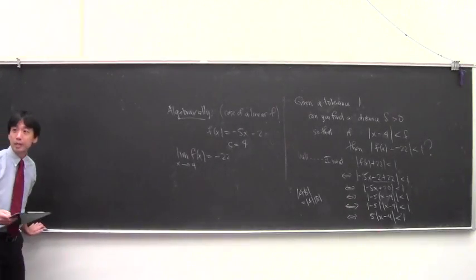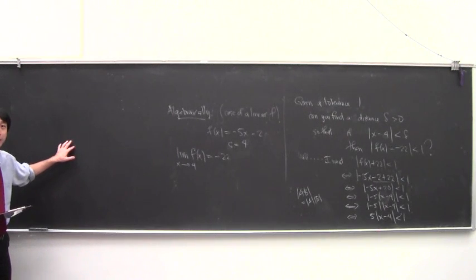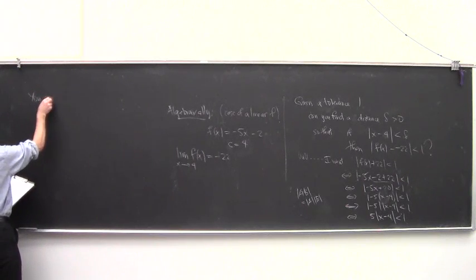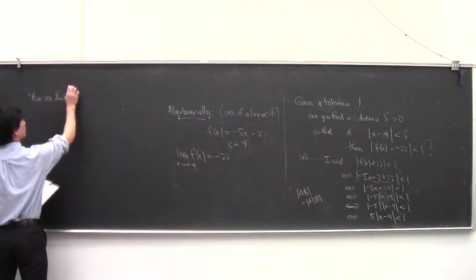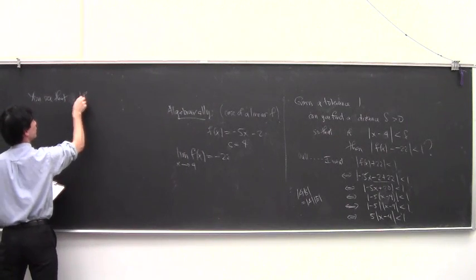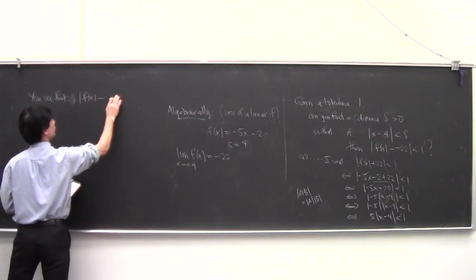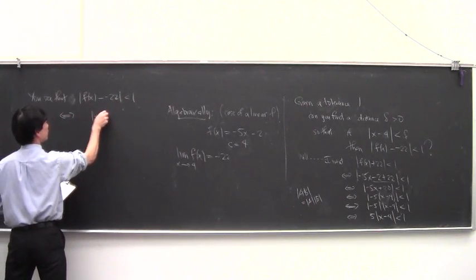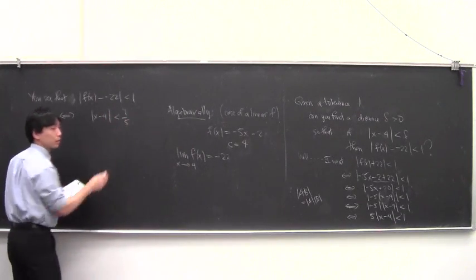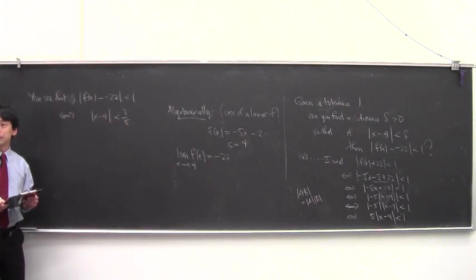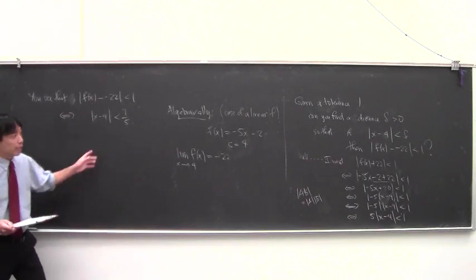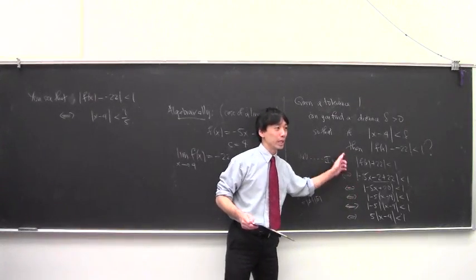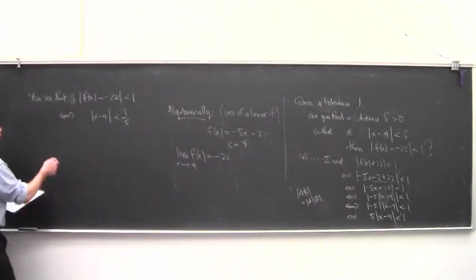And that gives you the clue about what your delta should be. What you see is that the absolute value of f of x minus 22 being less than 1 is actually equivalent to the absolute value of x minus 4 being less than a fifth. Those are actually the same statements, just simplified. One is the simplification of the other. And so you'd say, okay, that'll do it.